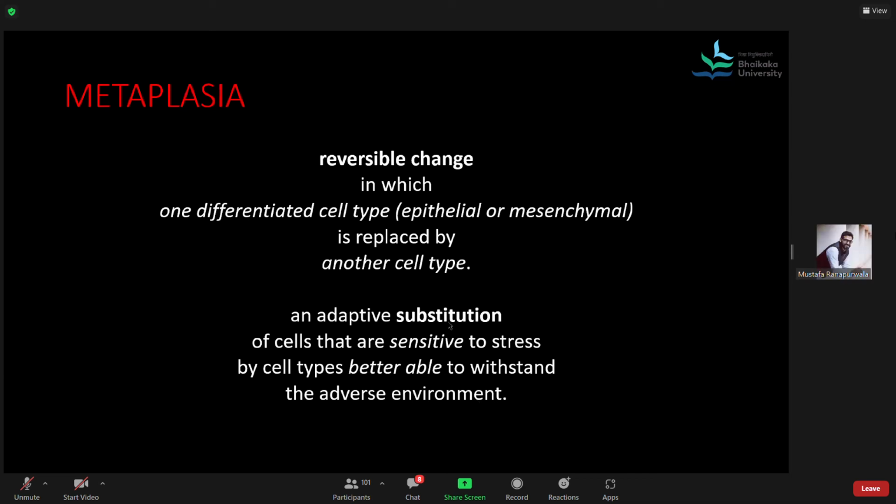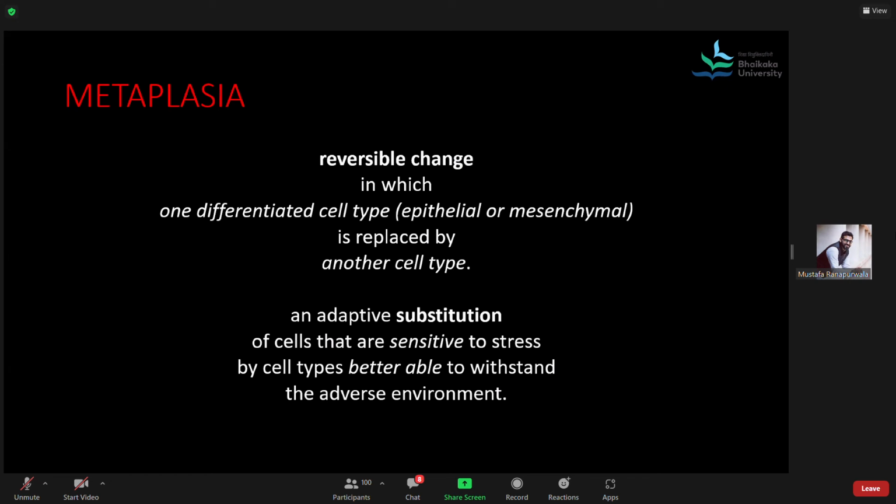What we want at the end is cell types which are better able to withstand the adverse environment in that particular place. So the end point is cells which are better able to manage the change in the external environment, right?